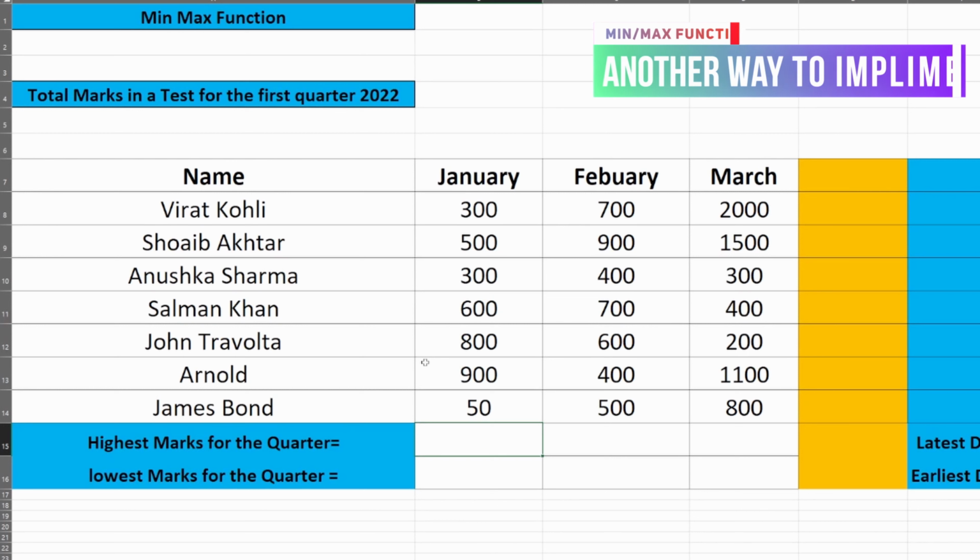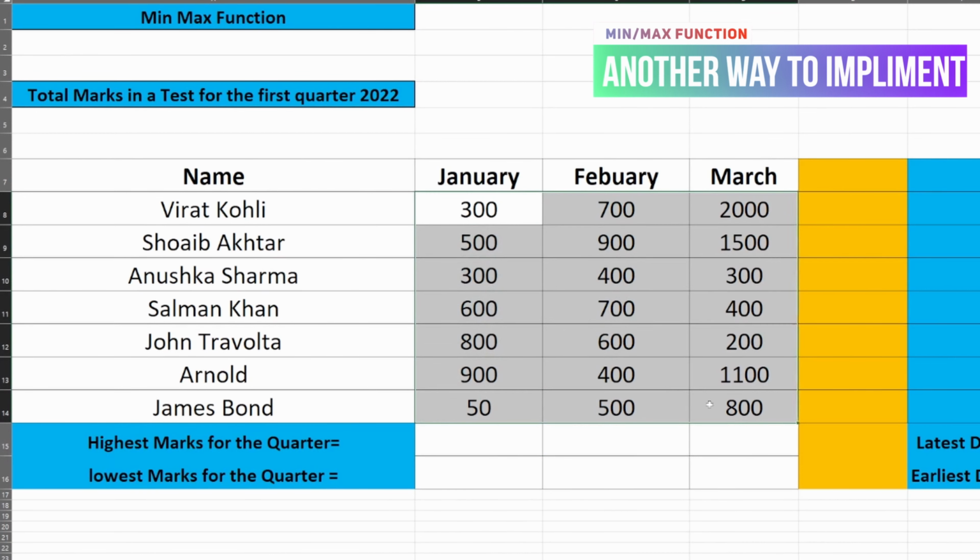Okay, so there is another example. In the same table, we need to calculate the highest value amongst all the values in January, February and March. We have to compare all the values and come out with a maximum value from within all of them. So there's a way.